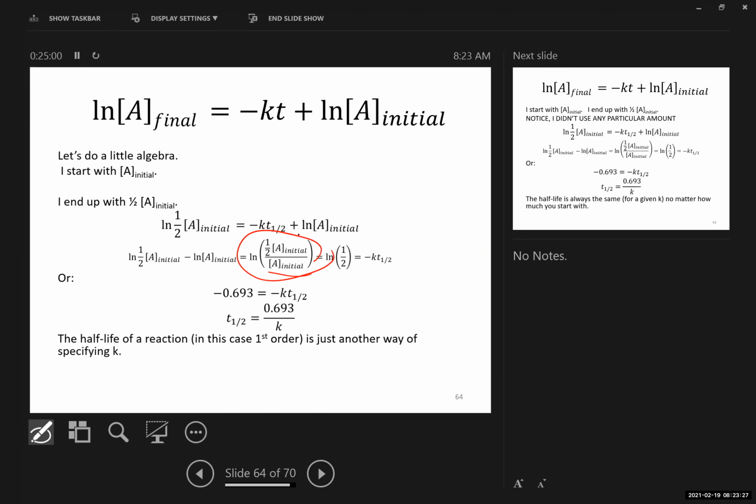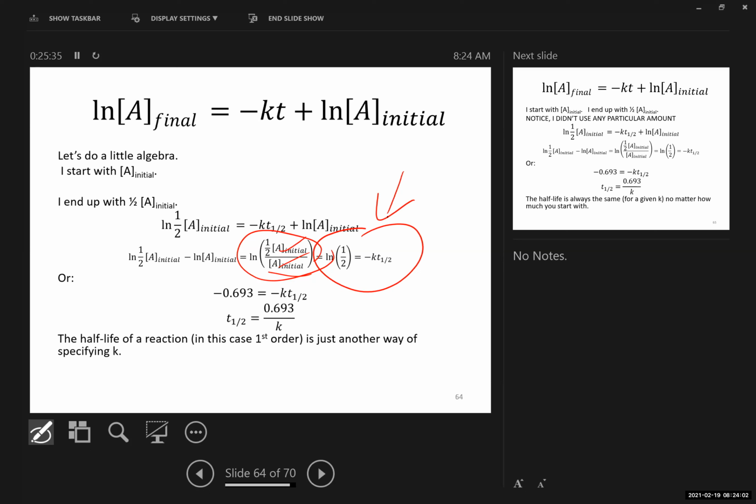In the context of a first order rate law, the amount of time it takes for half to react is independent of how much you started with, because it cancels. So for the integrated first order rate law, the log of a half, which was really half of what I started with, but what I started with canceled, is always minus kt, the time it took for half to react.